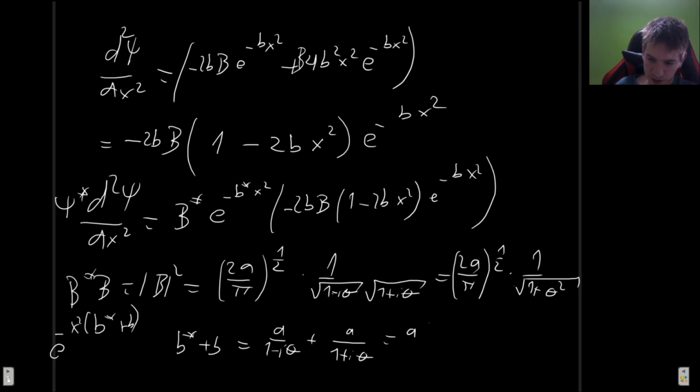So here we can factor out a, and we get 1 divided by 1 minus I theta plus 1 divided by 1 plus I theta. This is actually exactly the same that we found previously. So this is just going to be 2 divided by 1 plus theta squared. So now we can just go ahead and plug all of that into this expression right here.